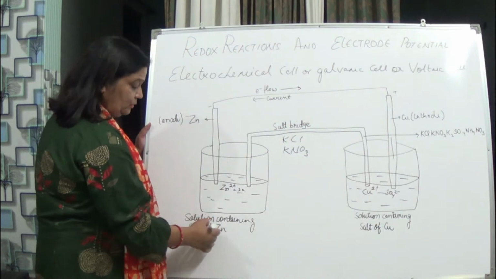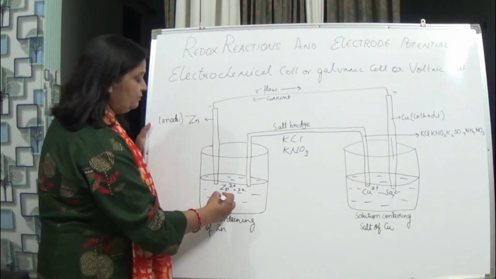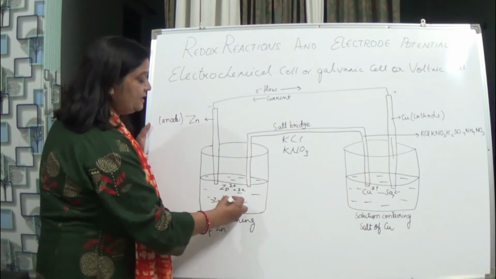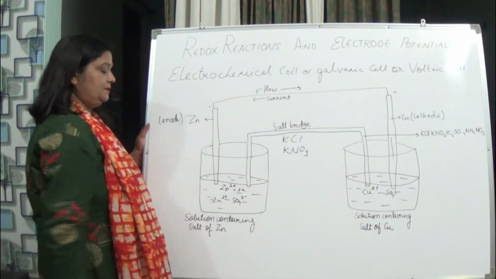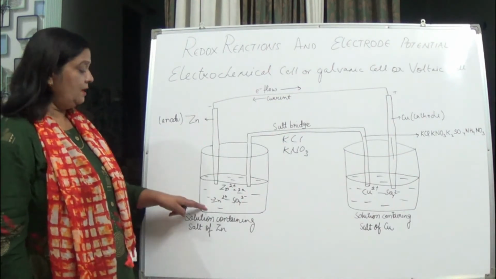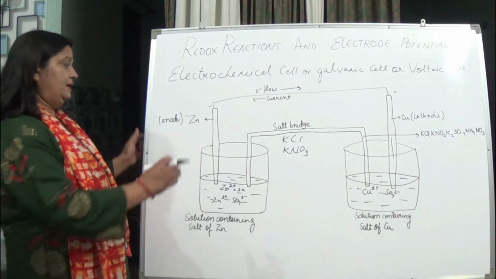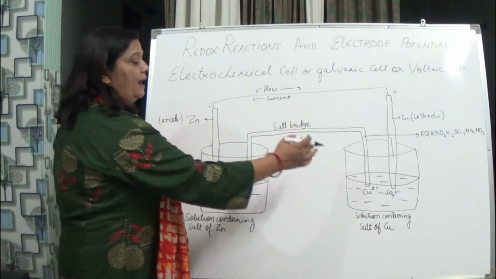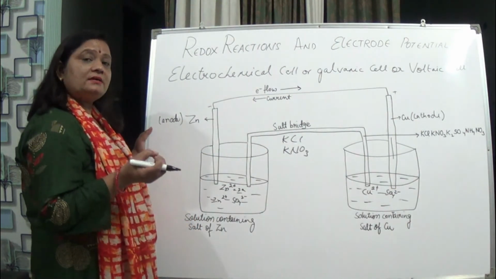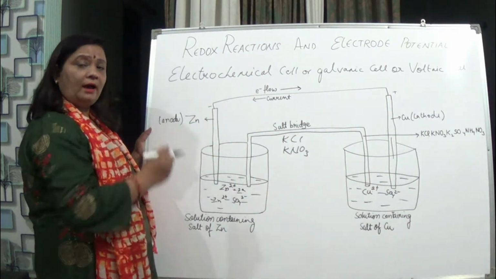And here the solution is zinc sulfate solution, naturally in aqueous form, so it will be Zn2+ and SO4 2-. We are seeing what is happening in this container: the zinc ions are going on increasing. And here the copper ions are being reduced, taking the electrons and forming copper. Zinc is forming the ions.